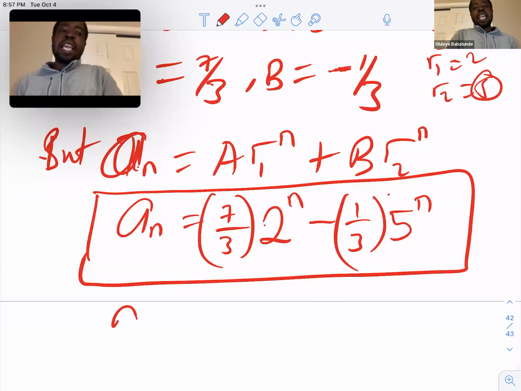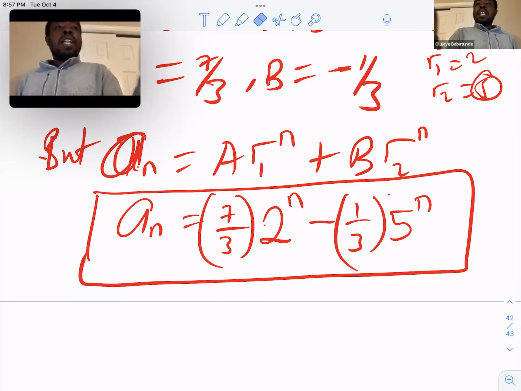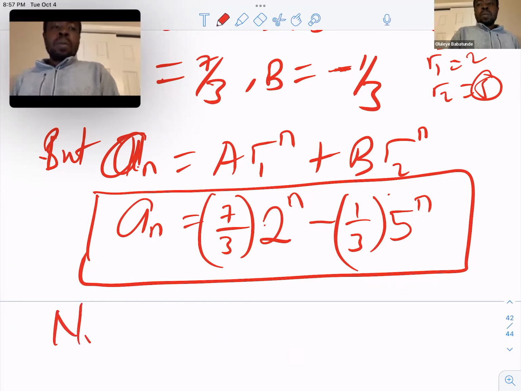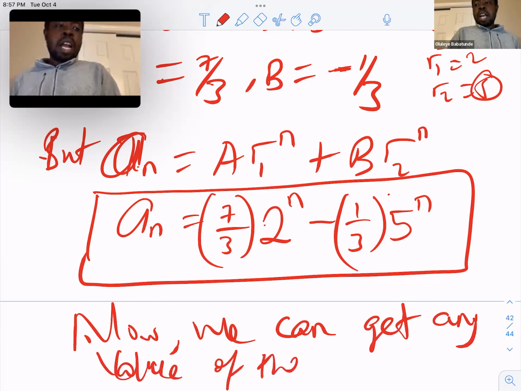We can find a10, a17, a18, because we have the solution. Now we can get any values of the terms.